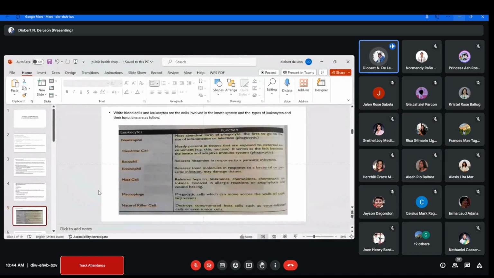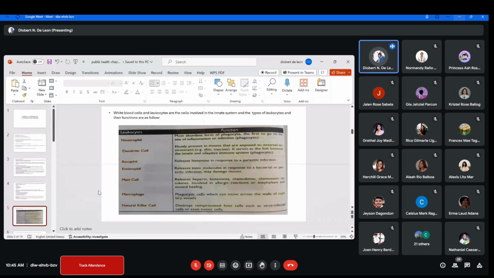If there is a parasitic infection, histamine is automatically released by the basophil. The eosinophil releases toxic molecules in response to a bacterial or parasitic infection. Again, with eosinophil and basophil, in a parasitic infection they respond, and they may damage tissues.